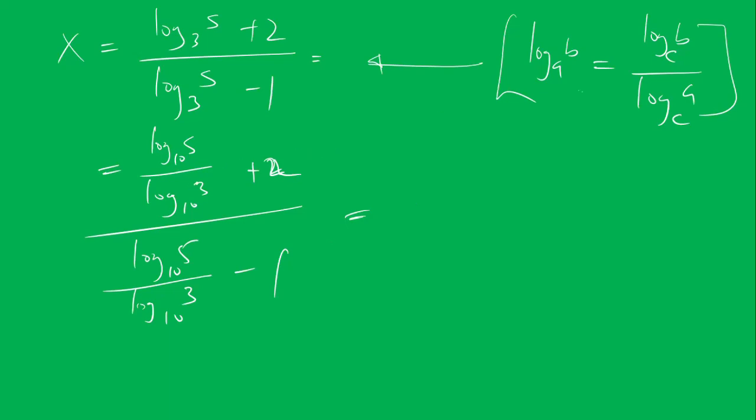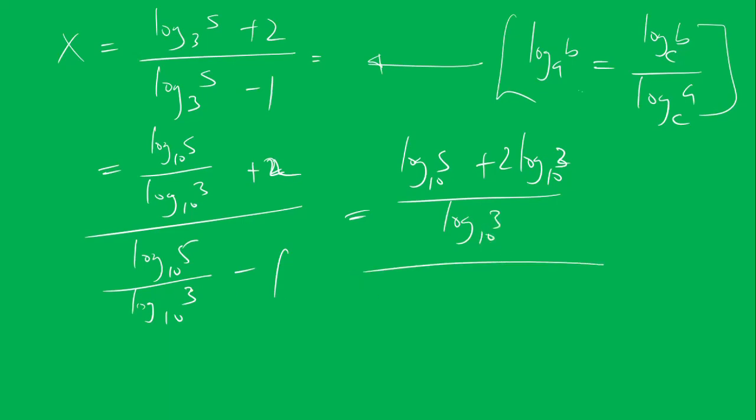So this will now be log 5 base 10 plus 2 log 3 base 10 divided by log 3 base 10, all over log 5 base 10 minus log 3 base 10 divided by log 3 base 10.